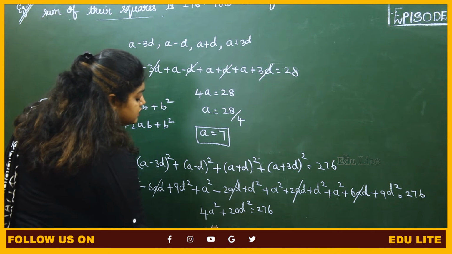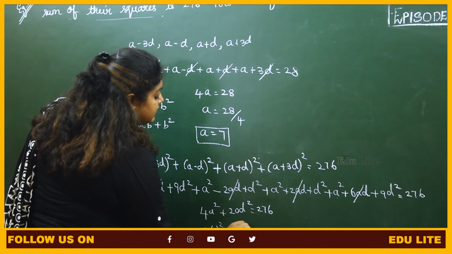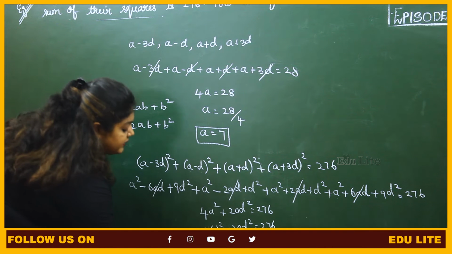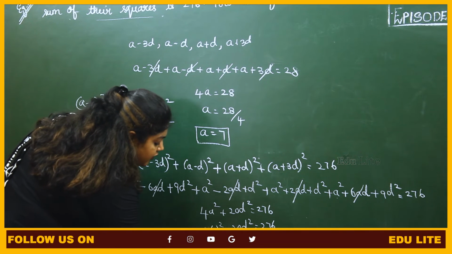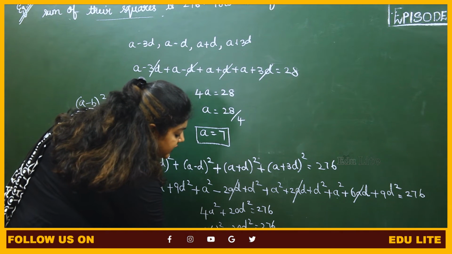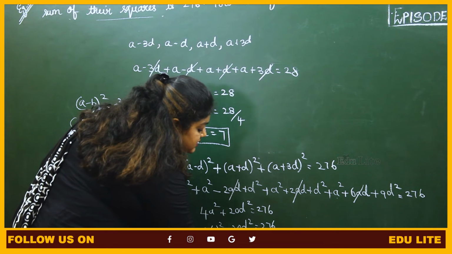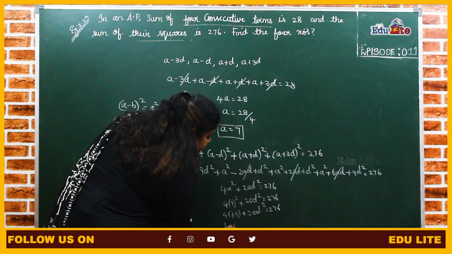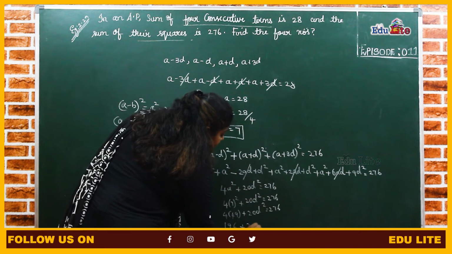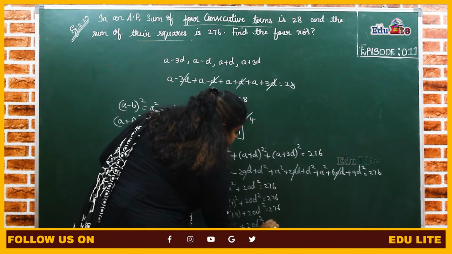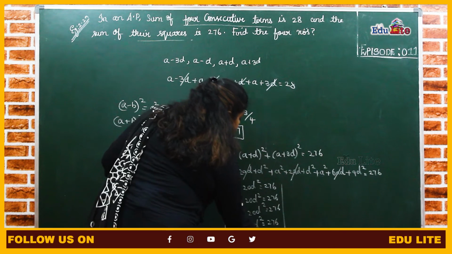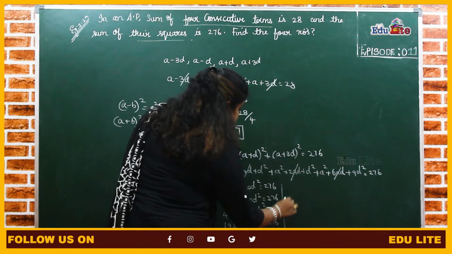Therefore 4 into 7 squared plus 20d squared equals 276. 7 squared is 49. 4 into 49 plus 20d squared equals 276. 4 nines are 36, 4 fours are 16, so 196 plus 20d squared equals 276. We will take 196 to the other side, it will become minus 196.